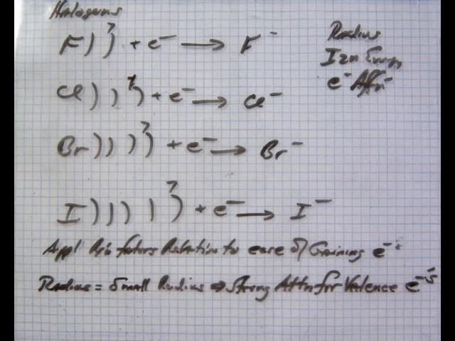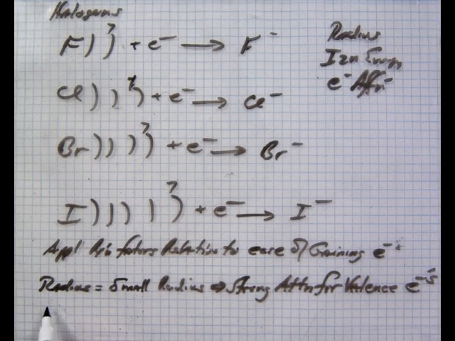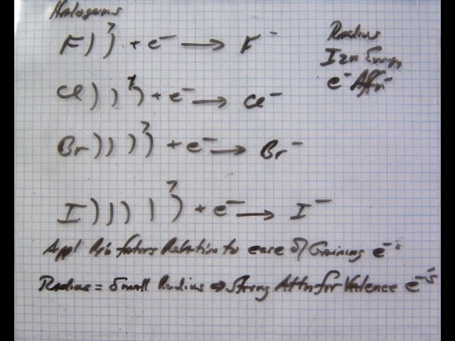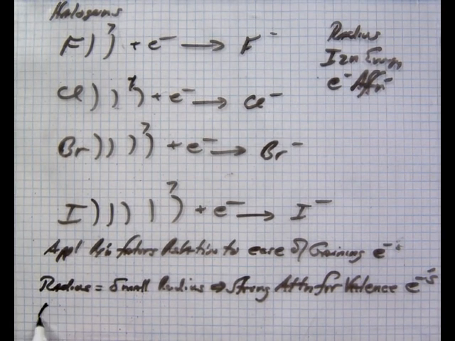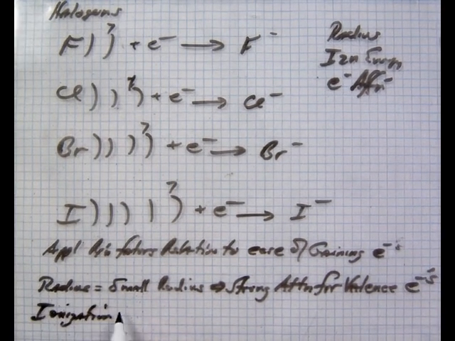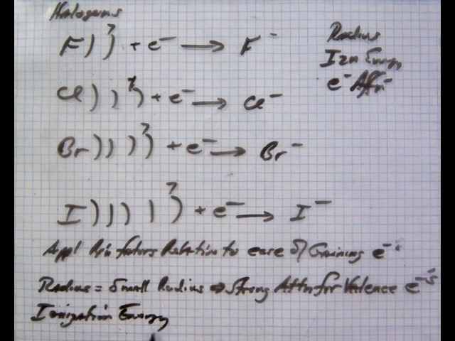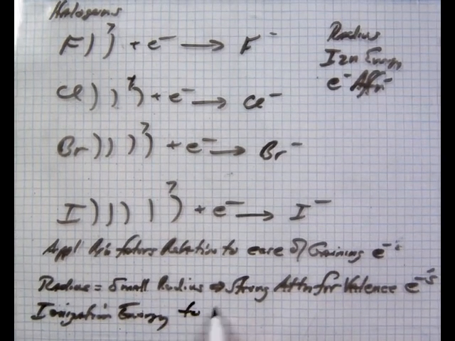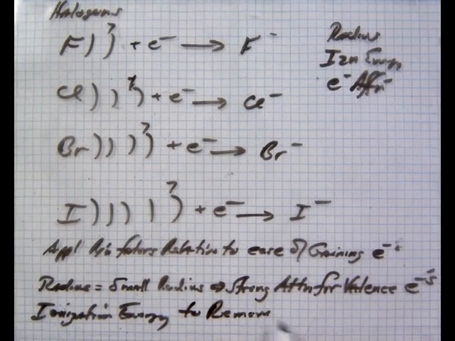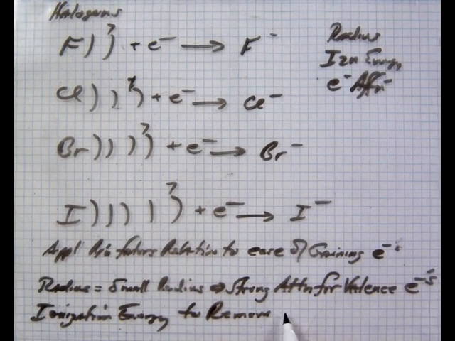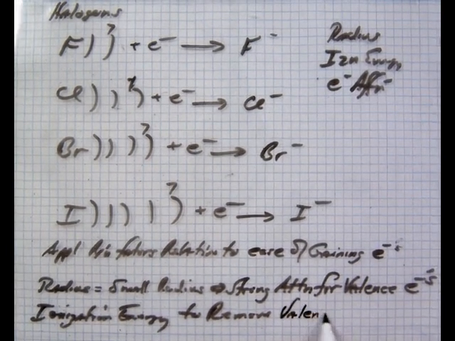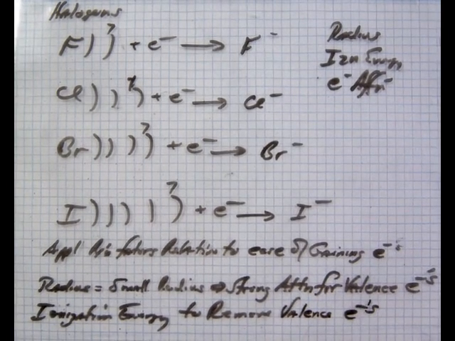Okay? So if it's a strong attraction, that translates to ionization energy to remove valence electrons.